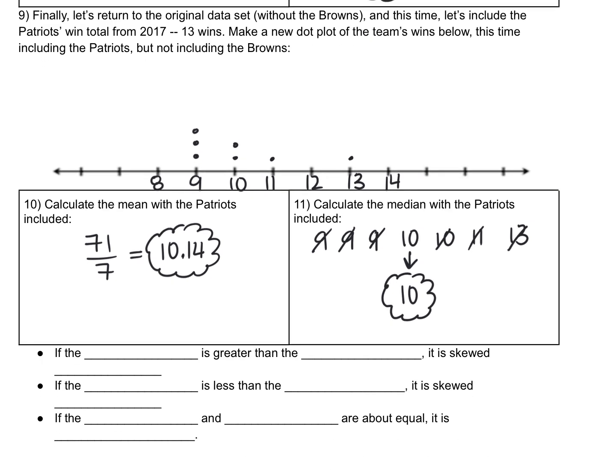So what this tells us is how a value added to the data set can affect our mean or median and the shape of our distribution. When the mean is greater than the median, we say something is skewed right.